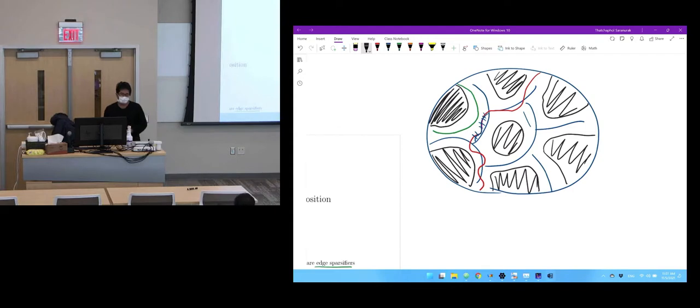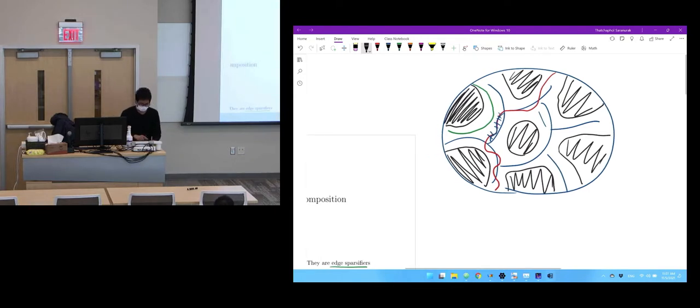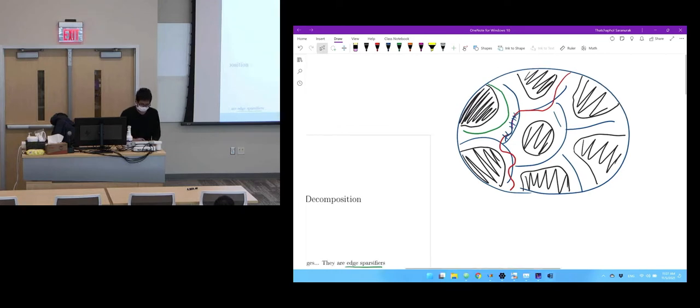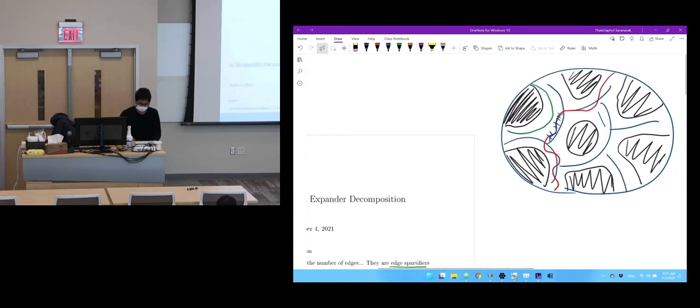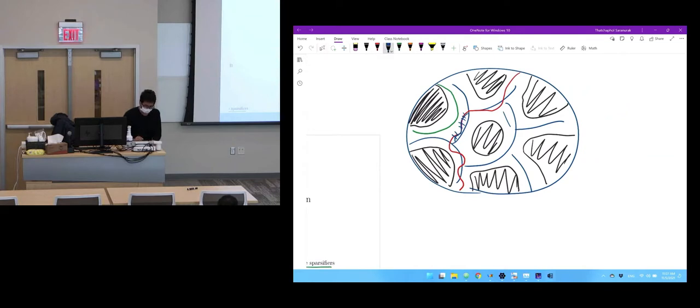In class, I showed you that when we try to find the expander decomposition, we find it with a notion of expansion.